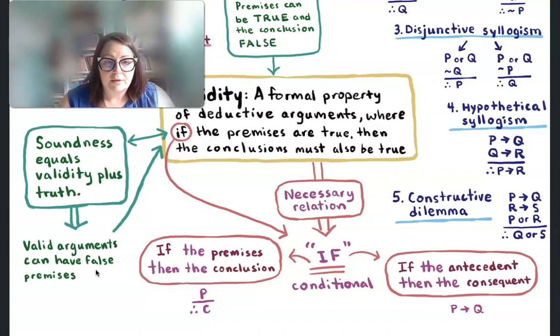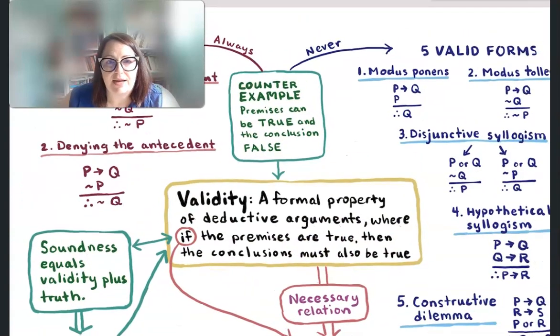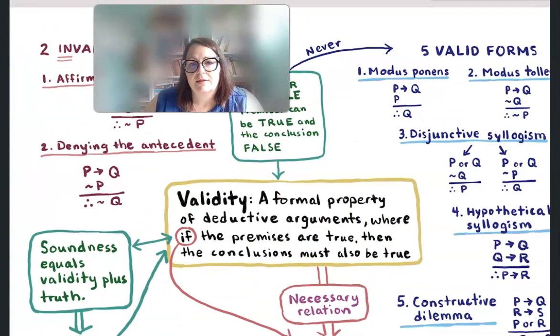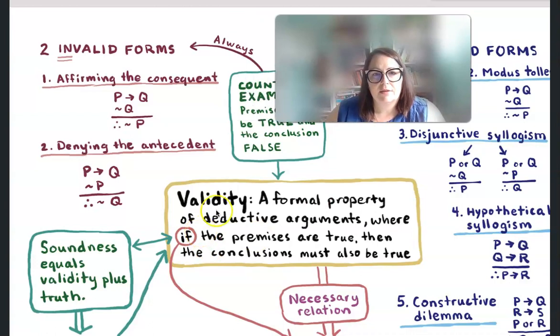They're about unicorns or vampires or whatever. So soundness is that the formal structure is valid, and also the premises are true. And so let's take a look at these invalid forms, because that might help us think through validity a little more.